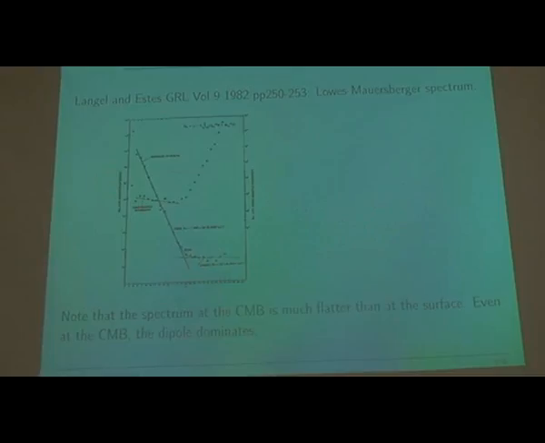Now let's explain this picture. This line here is what it looks like at the Earth's surface. You can see it's dominated by the dipole up there, and the power in the higher harmonics goes down. That's n equals 2, the quadrupole there, the octupole, and they go down as you increase n.